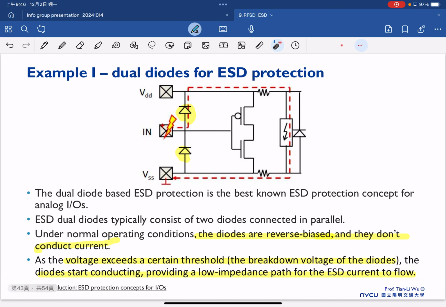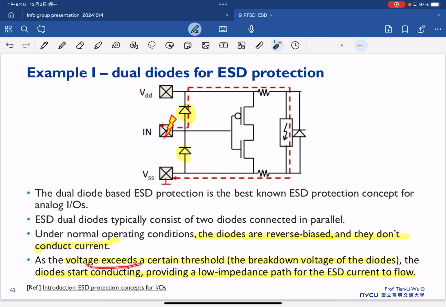So this is an example. In reality, it's common to place a diode here and here. So the dual diode based ESD protection is a basic ESD protection concept for the analog input-output circuit. ESD dual diodes typically constitute two diodes connected in parallel. Under normal conditions, the diodes are reverse biased, so they don't conduct current.